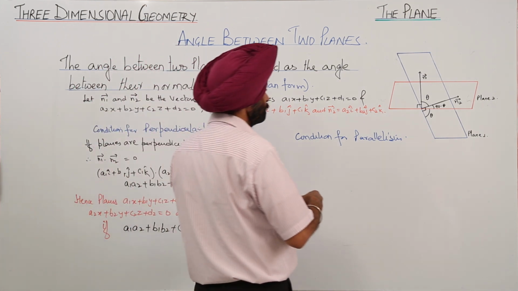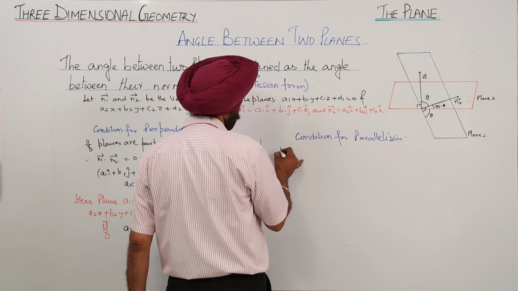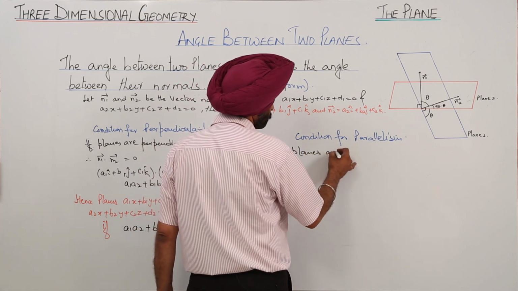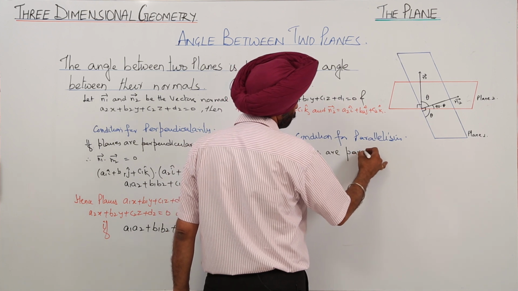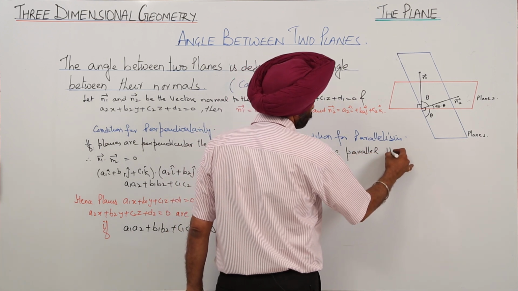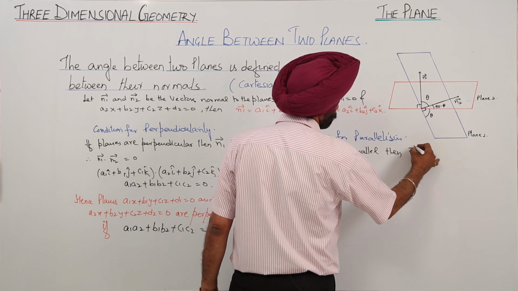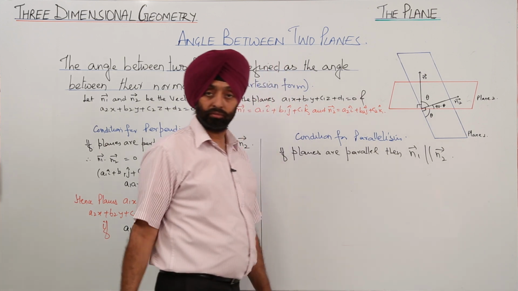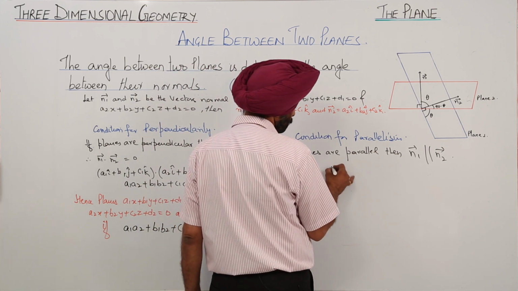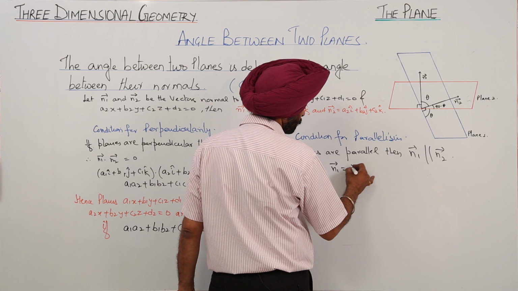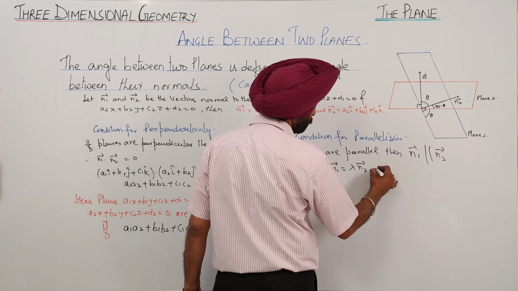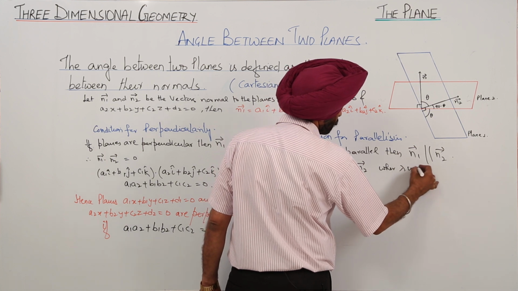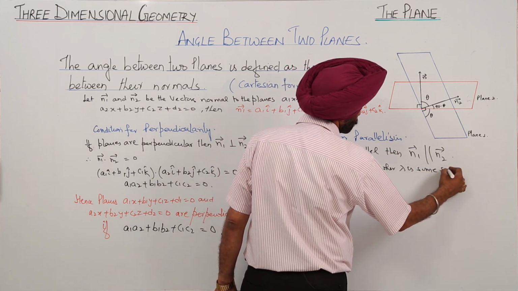Now if planes are parallel, then vector n1 is parallel to vector n2. Therefore, vector n1 is equal to lambda vector n2, where lambda is some scalar.